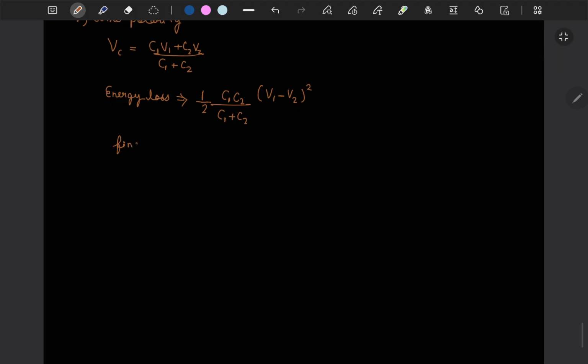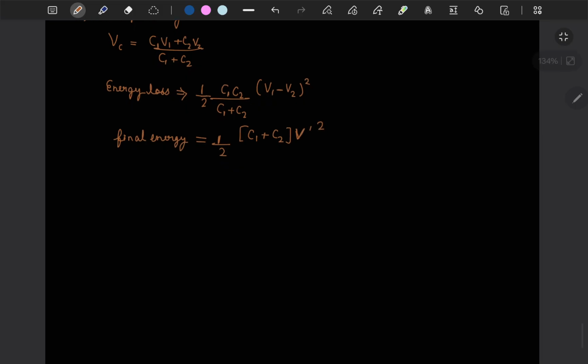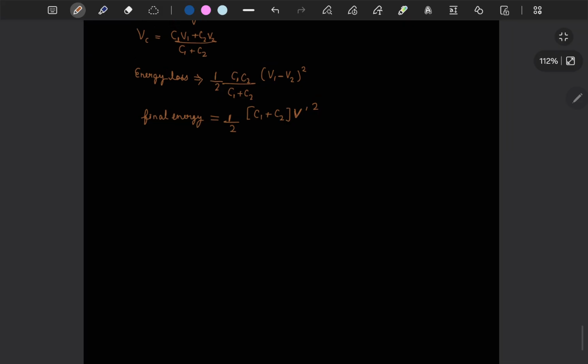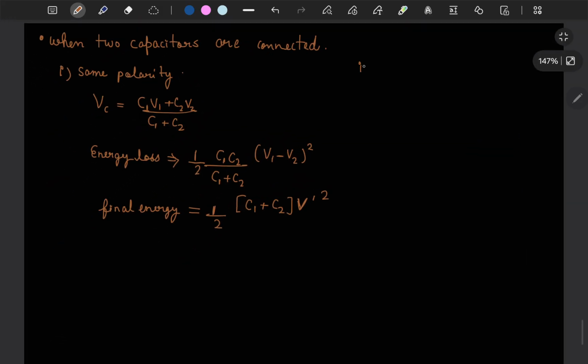Final energy is equal to half C1 plus C2 into V dash square. And now let's talk about when capacitors are connected in opposite polarity. In case of opposite polarity, V dash is equal to Vc, common potential, C1 V1 minus C2 V2 upon C1 plus C2.